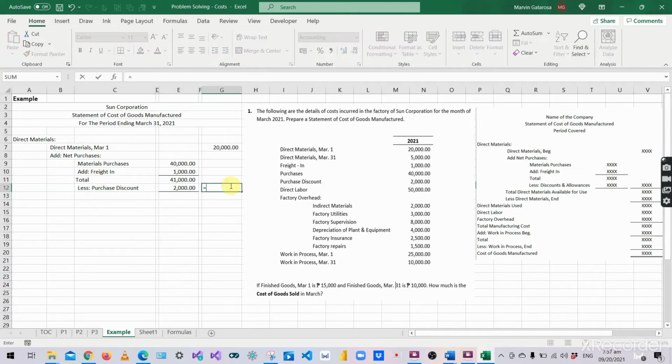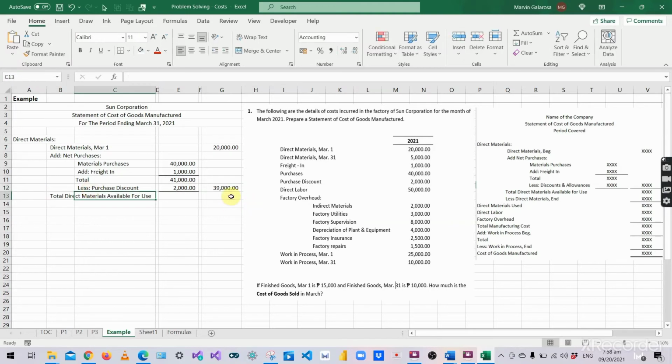We get the net purchases, 41,000 less 2,000, 39,000. And pag inadd natin to sa direct materials March 1, we will get the total direct materials available for use. So, 20,000 plus 39,000 equals 59,000.